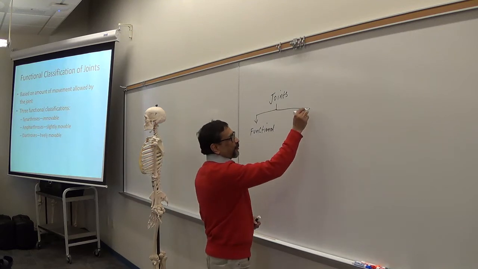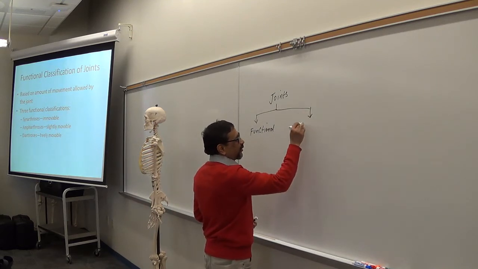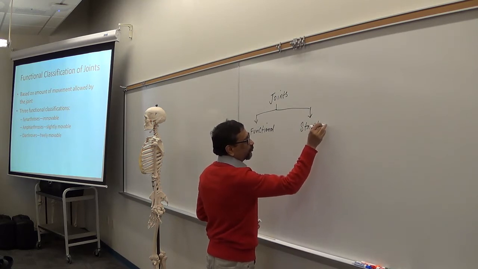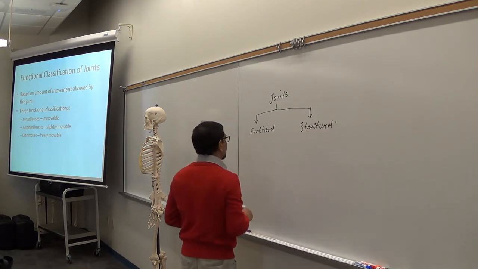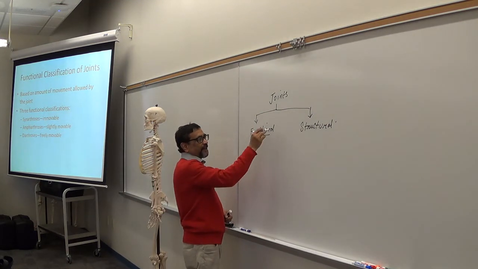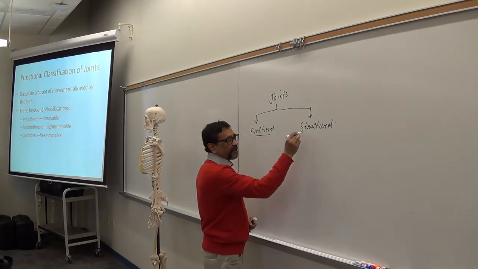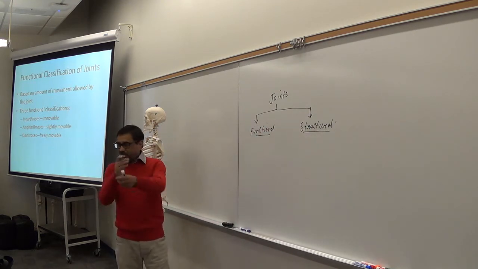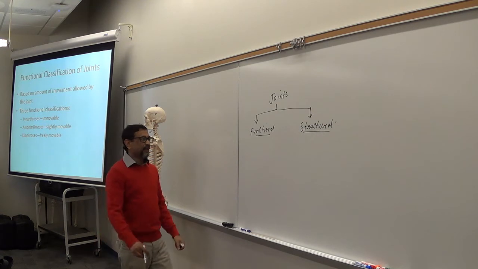And another is by structure, the so-called structural classification. So functional classification is by looking at the amount of movement, and structural classification is by looking at the structures present in the joint. Simple.